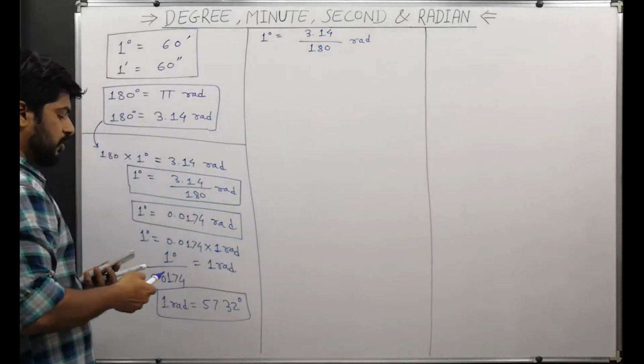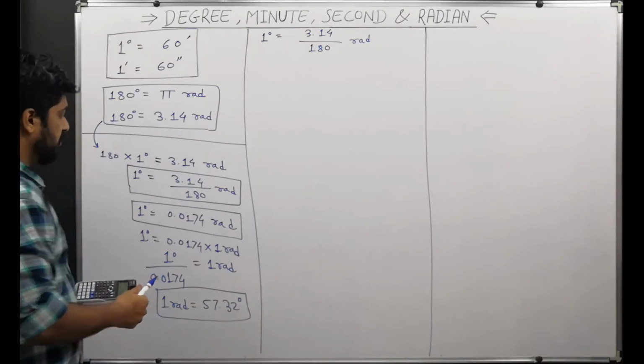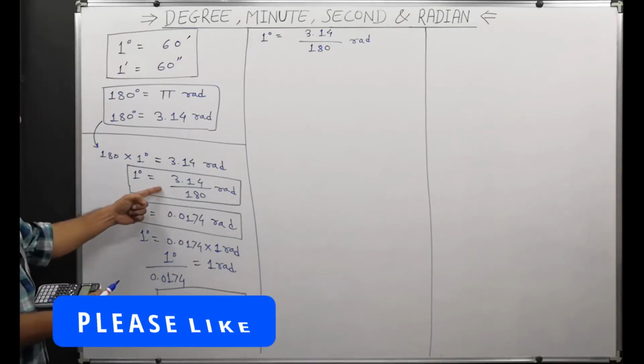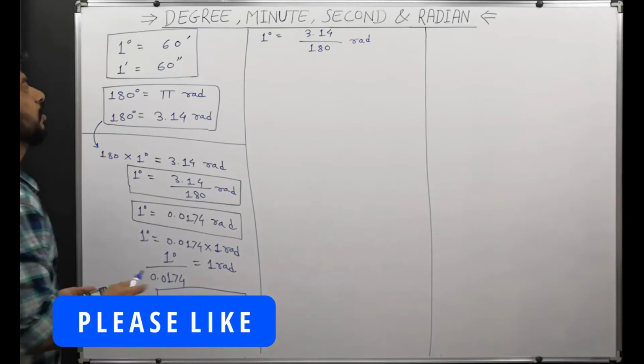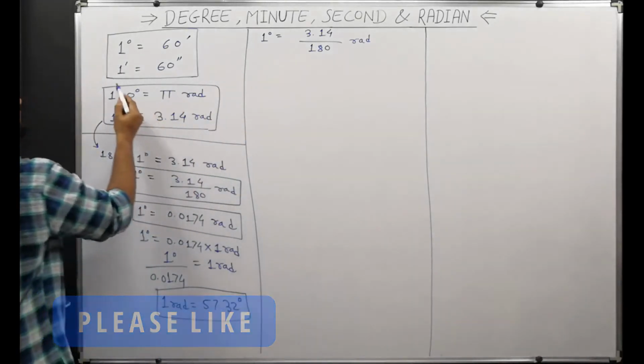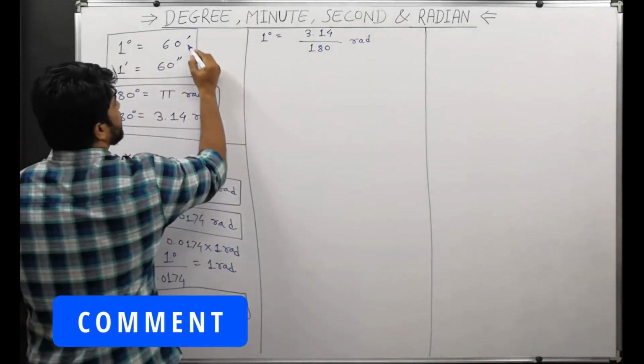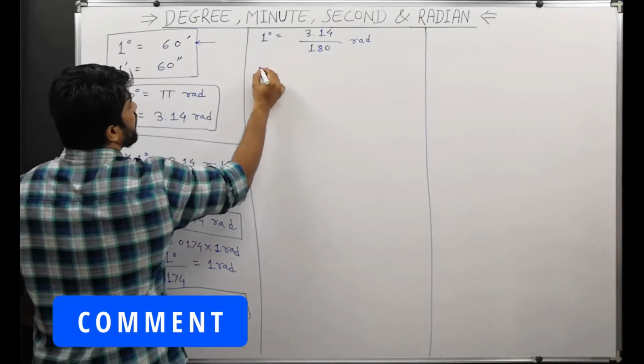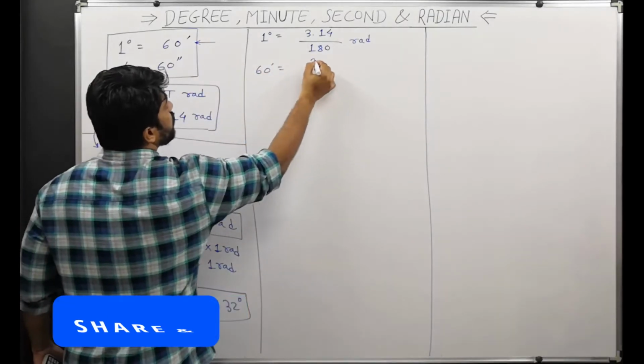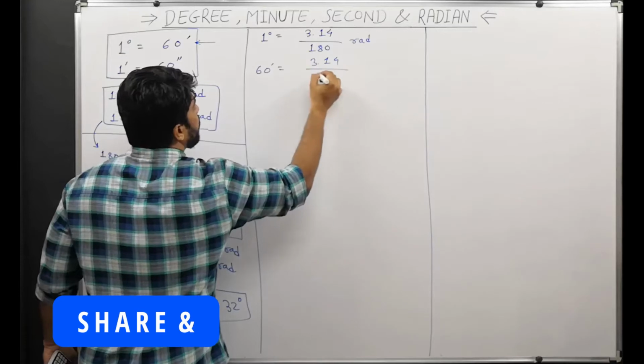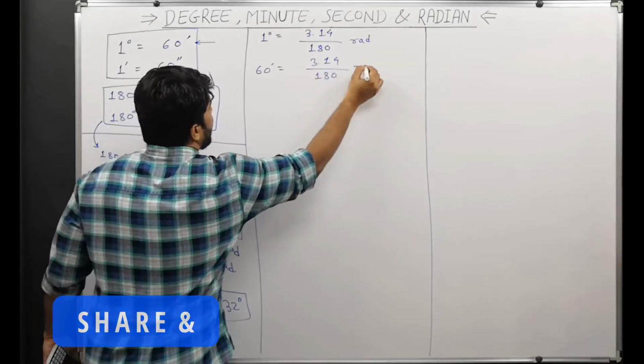It is all in radians here, the same equation I used earlier. Now we know 1 degree is equal to 60 minutes, isn't it? So we can put that here: 60 minutes is equal to 3.14 divided by 180 radian.